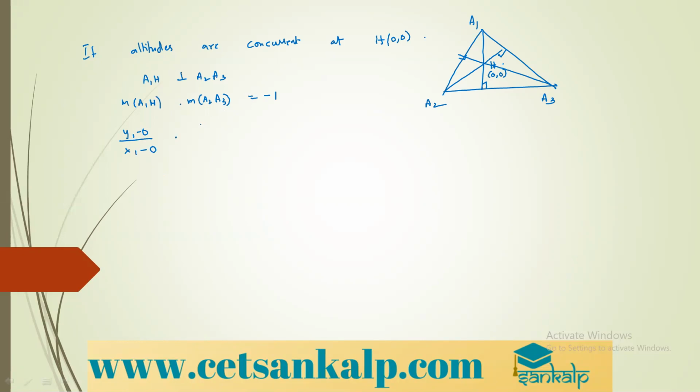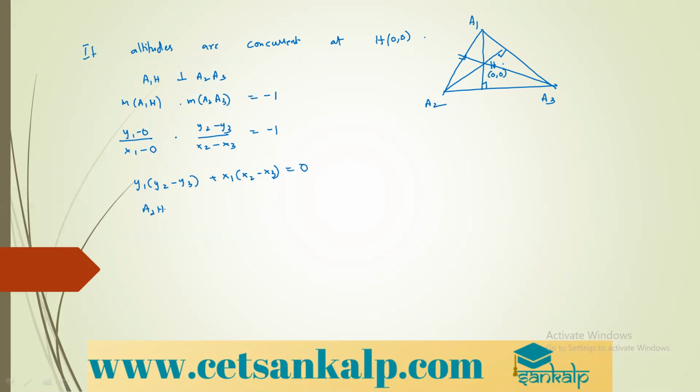What is the slope of A2A3? y2 minus y3 by x2 minus x3, equal to minus 1. So what can I write? y1 into y2 minus y3 plus x1 into x2 minus x3 will be equal to 0.